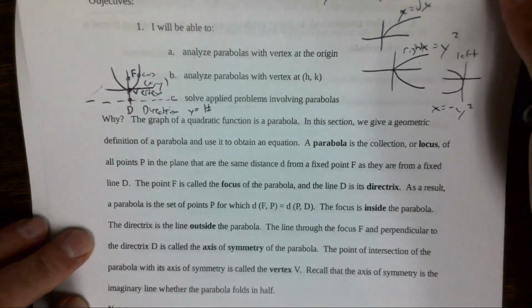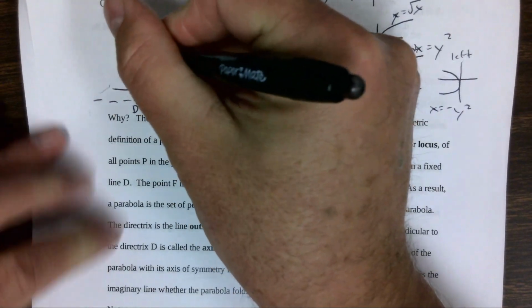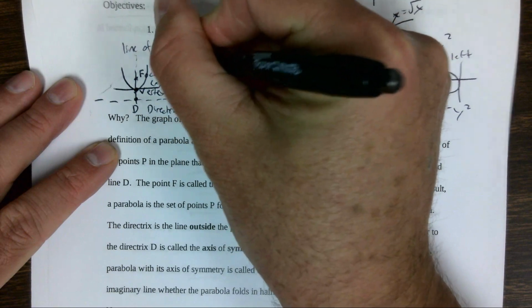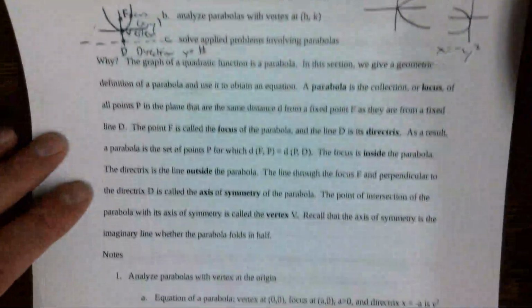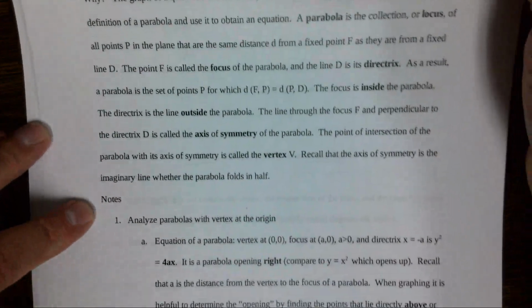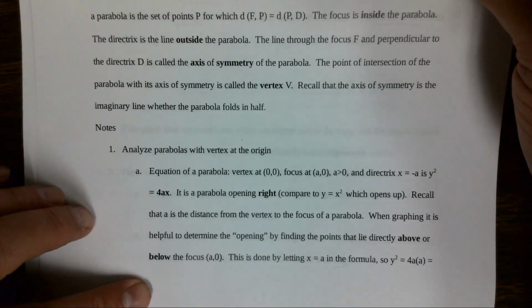And then you're also going to have an axis of symmetry, which makes it symmetric. Line of symmetry. And it's where it folds in half. Okay, so then you've got some really technical things.